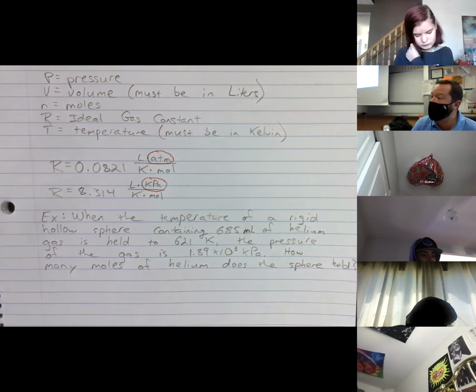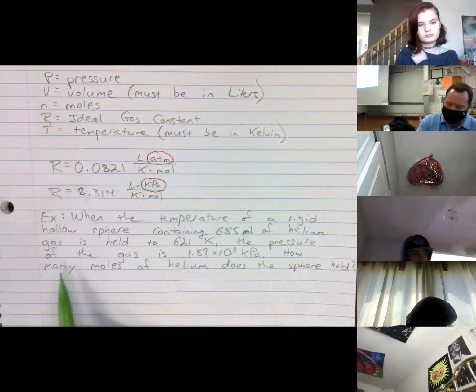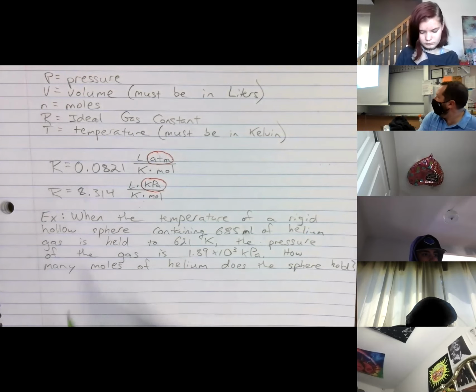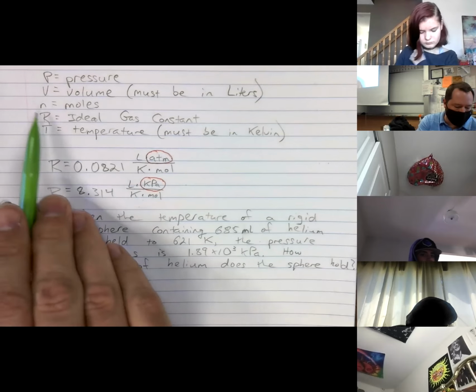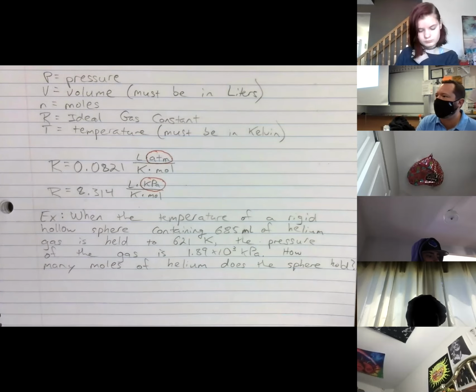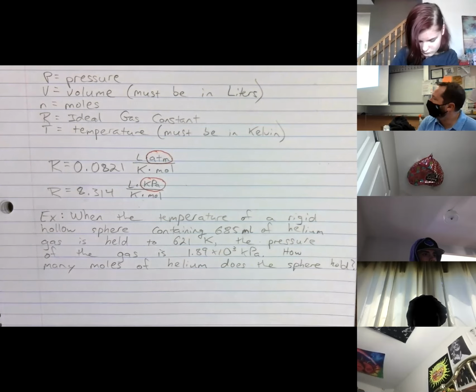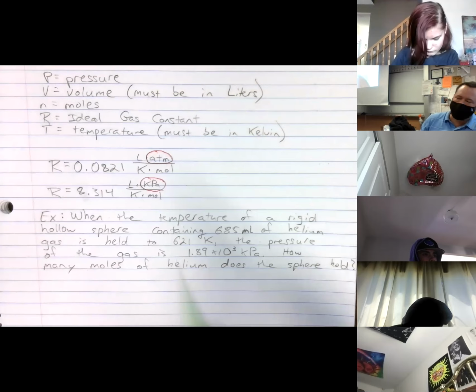Well, a couple different ways to know we're working with PV = nRT. First and foremost, they're asking for moles. The only formula we have so far that works with moles is PV = nRT. All the other ones just solve for pressure and volume and temperature. But this one has moles, so if we ever have moles in the question, we know we're using PV = nRT.